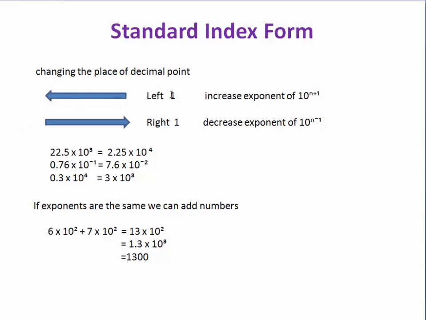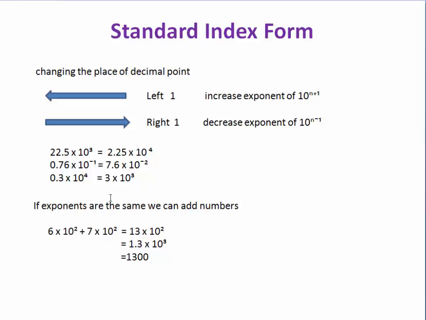If we move the decimal point left 1 place, we increase the exponent by 1. If we move the decimal point right 1 place, we decrease the exponent by 1. Similarly, if it was left 2 places, increase the exponent by 2. Right 2 places, decrease the exponent by 2.